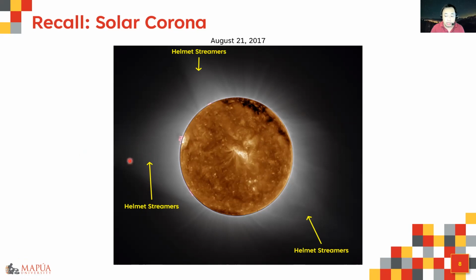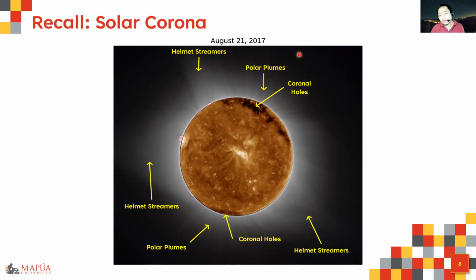Okay. Aside from this, at the poles, we can actually observe polar plumes, which are regions of open field lines. These field lines, though called open field lines, are actually closed with the interplanetary magnetic field. Okay, and this usually coincides with coronal holes.